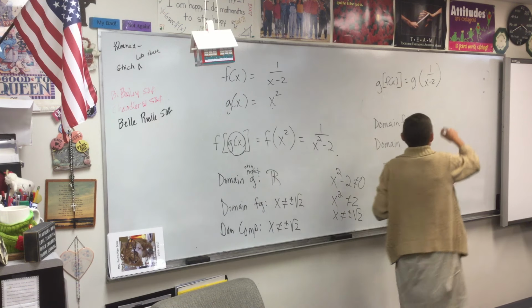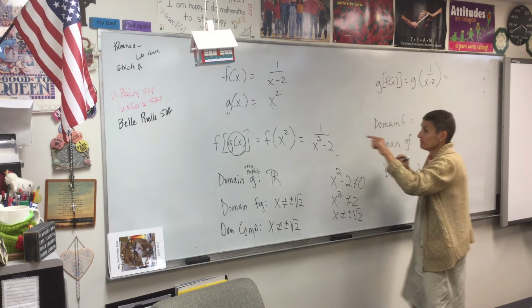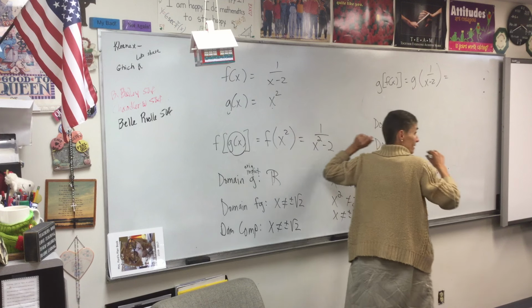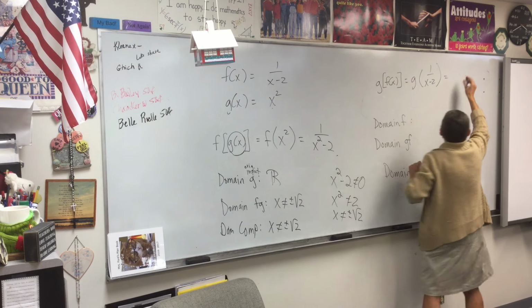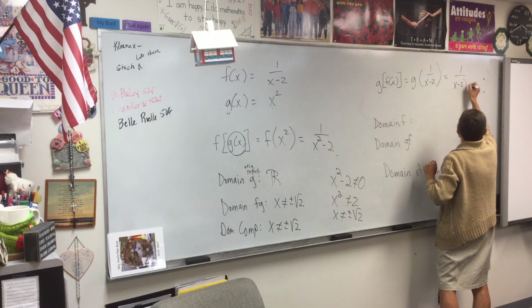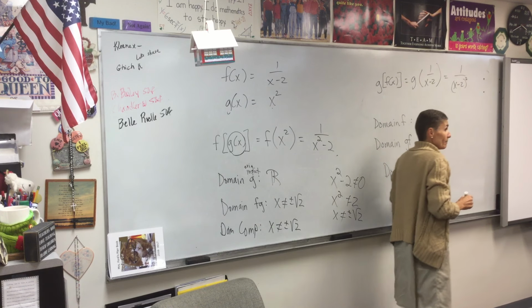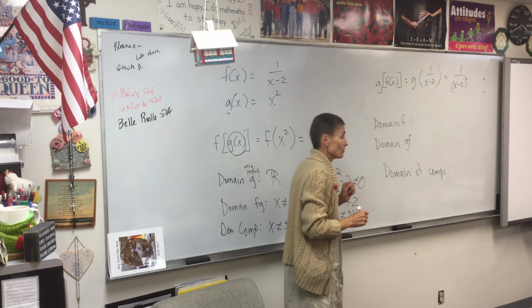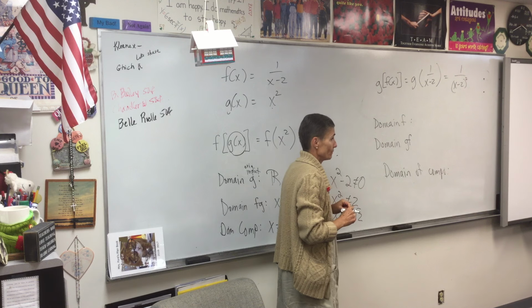Now what does the g function do? The g function takes that and squares it. So that would be 1 over x minus 2, squared. Would you agree with that? And you can FOIL that out if you want, but you don't need to.